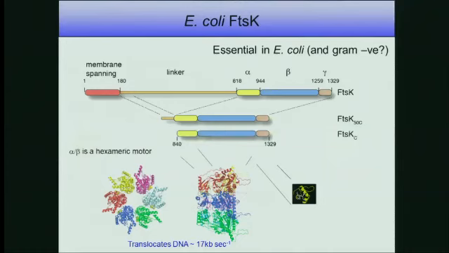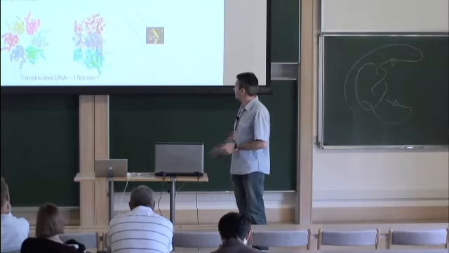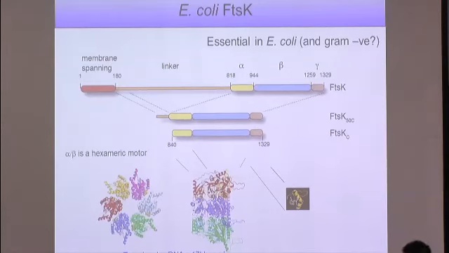The actual alpha and beta domains sit on top of each other and form 2 separate rings, and the beta domain is the main motor part of this. And then sitting on the end is this small blob, which we call gamma. And it's known that gamma also has a couple of roles. It's involved in orienting the motor in the first step.